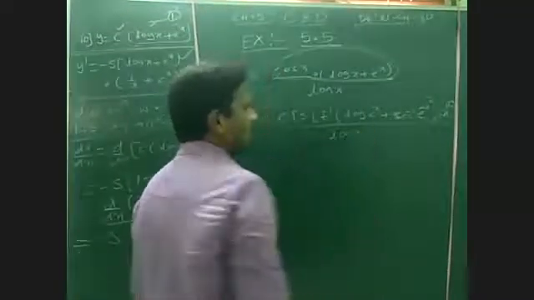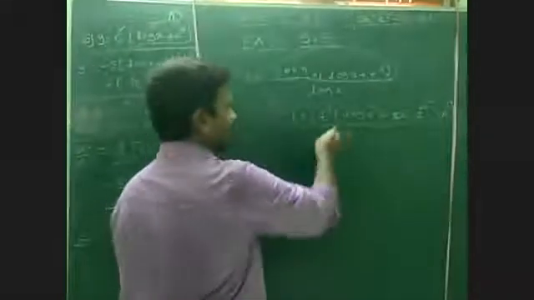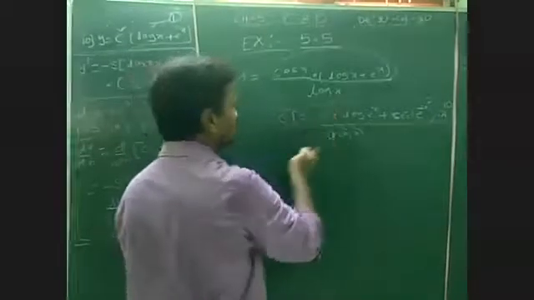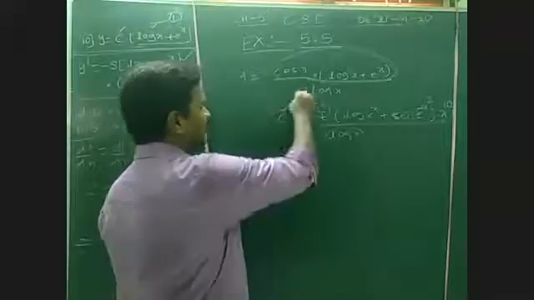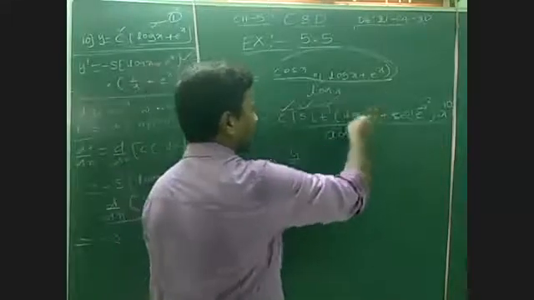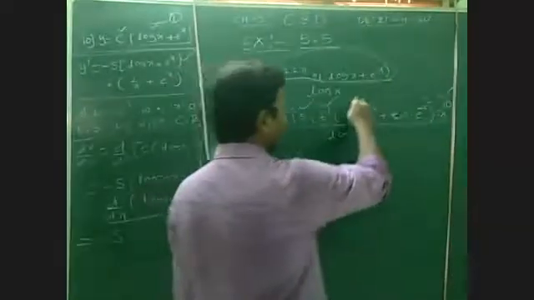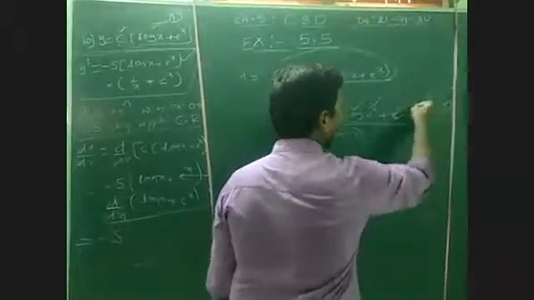What will you do? Let us take this total as u and this as v. Apply the u by v form. How many times can we differentiate? 1, 2, 3, and this is 4, 5. In that also again 1, 2, 3, 4, 5, again minus.